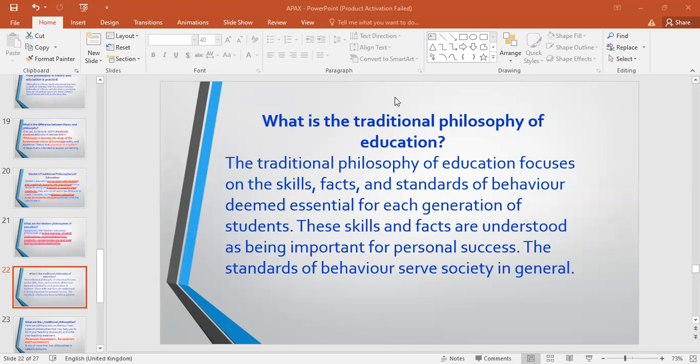Then what is the traditional philosophy of education? It changes from generation to generation. Okay, change means they have their needed things, and their skills. Okay, what is the fact of that?